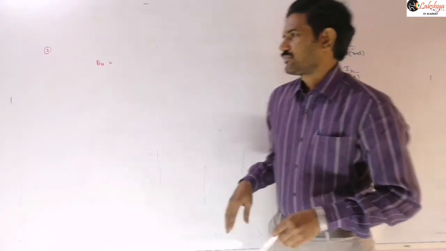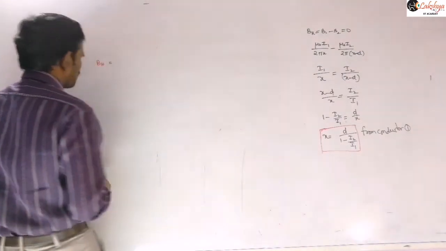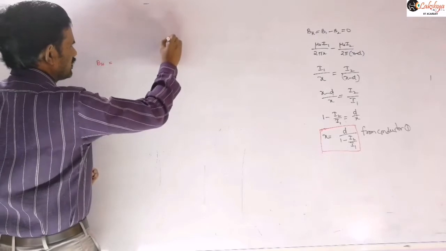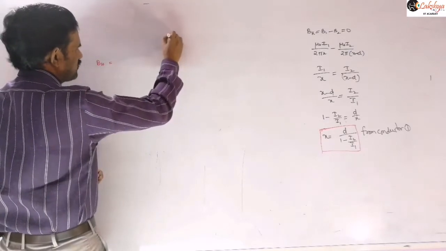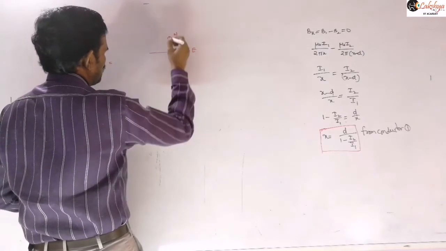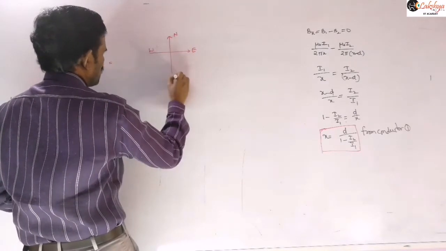Right? Now, above the conductor, it is difficult to represent in this plane what I am saying. Suppose you take this as north and south directions, this is east, north, west and south.